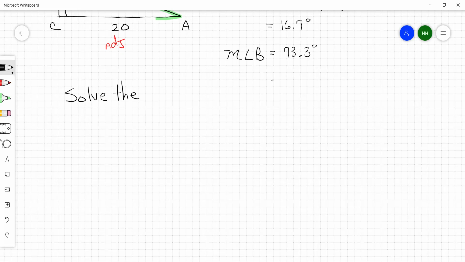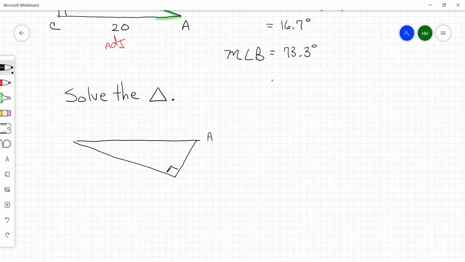And when we solve the triangle, that means we find all the information about the triangle, meaning all angle measures and all side lengths.